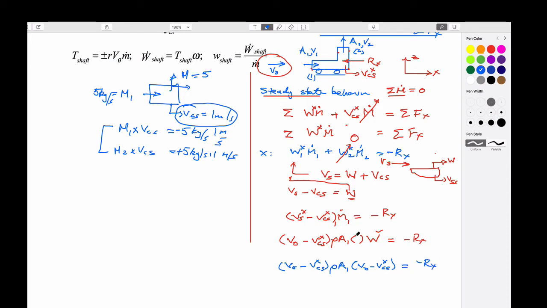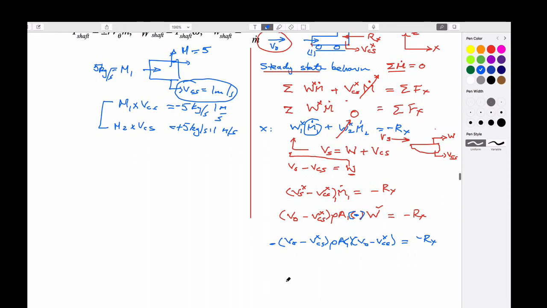I did have this little thing left here, which I seem to have avoided in this last one, but let's look at what that should be. This is the normal to the boundary velocity. And so by convention, if it's flowing into something, this represents the mass flow rate, this one here. So if it's into something, this is negative. And so this term should be negative, and so we should have this here. And so if I write that more compactly, it is V0 minus VCS in the x direction.